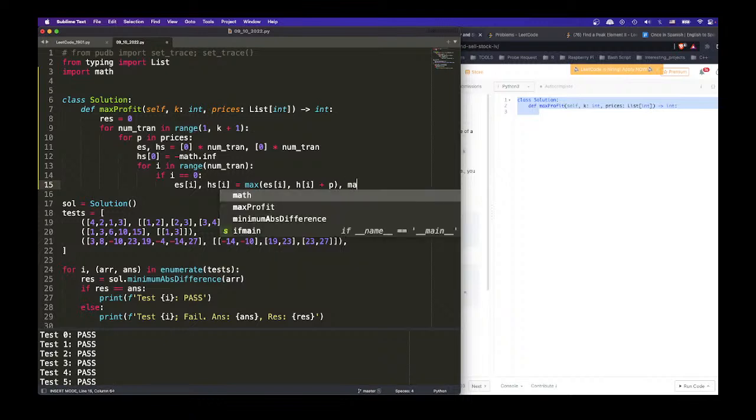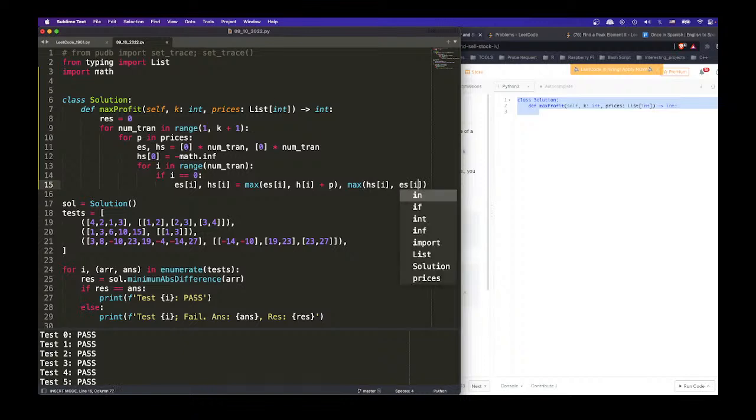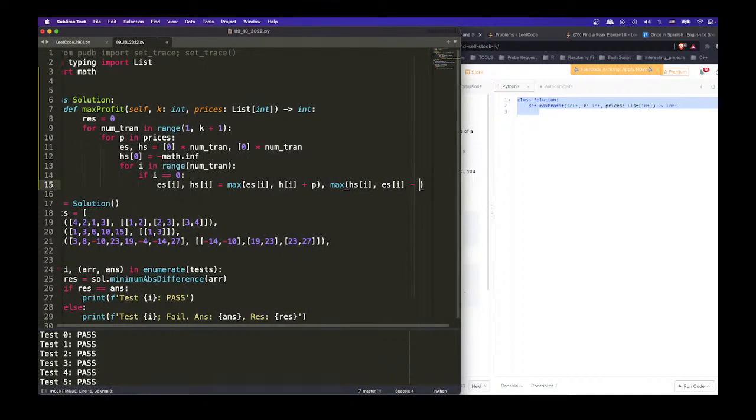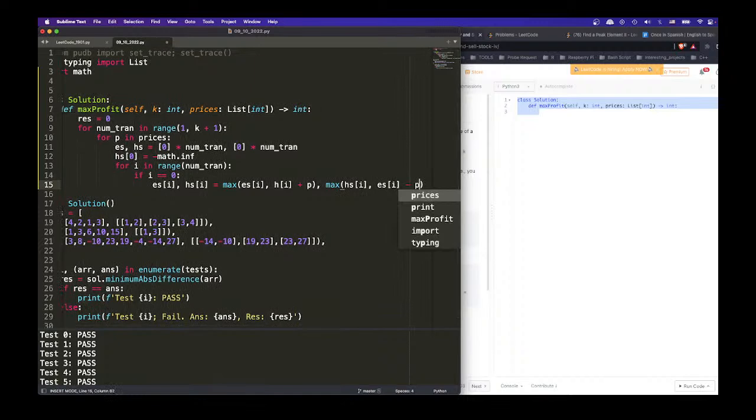And for H, it's going to be HS[I], which means I do nothing. Or how do we end up at a holding state? If we're in an empty state, so it's ES[I], the empty state minus P. And we do that. And if I is larger, like this E1, what happens to E1?